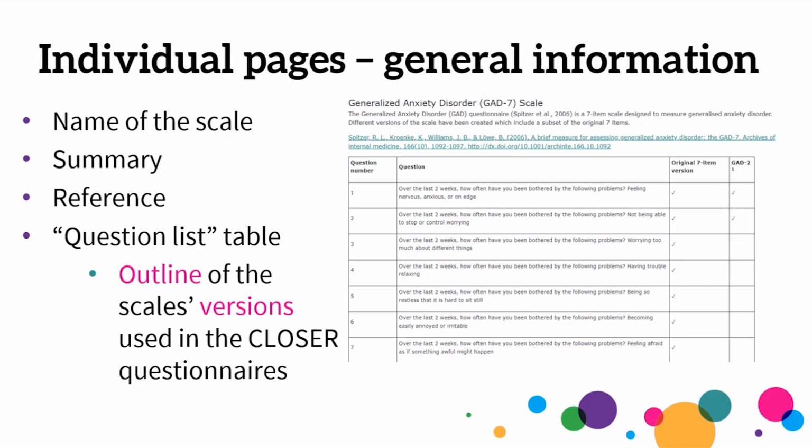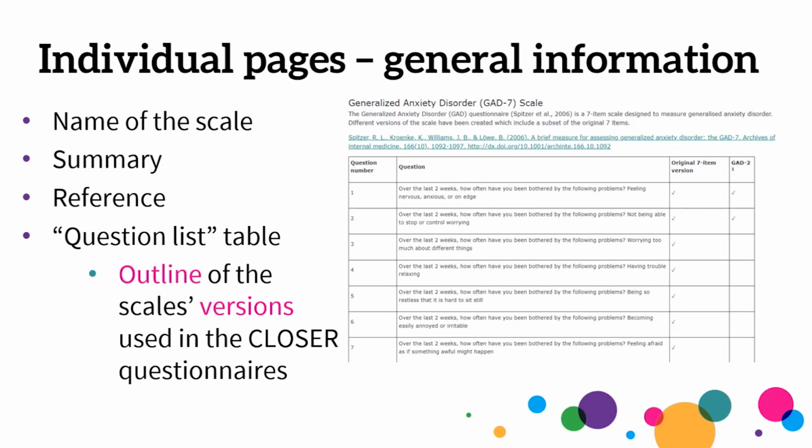The question list table in this part of the page has on the left the question number, which follows the original paper's numbering and chronology. Then we have the question column with the question texts, and then a column with the original version of the scale.